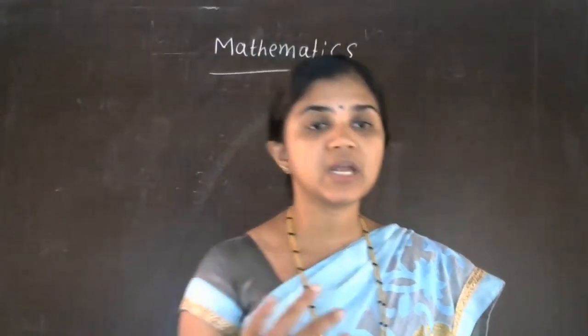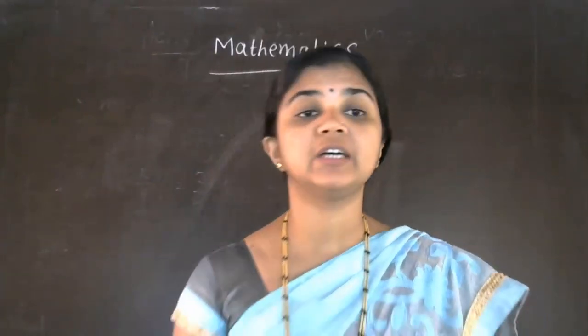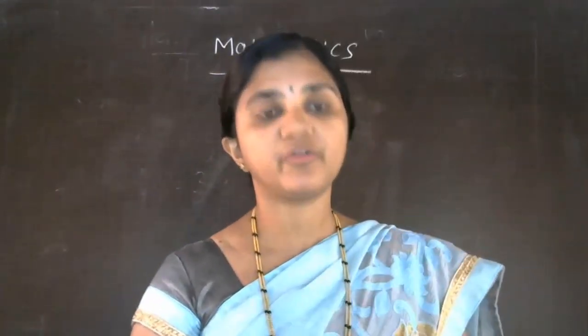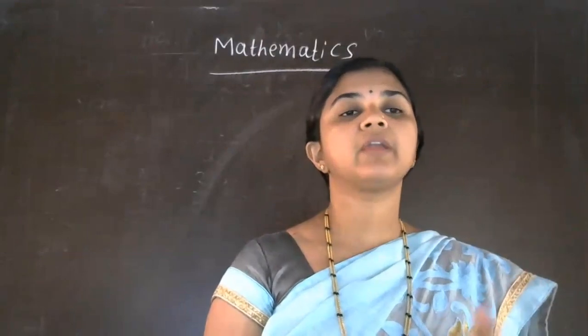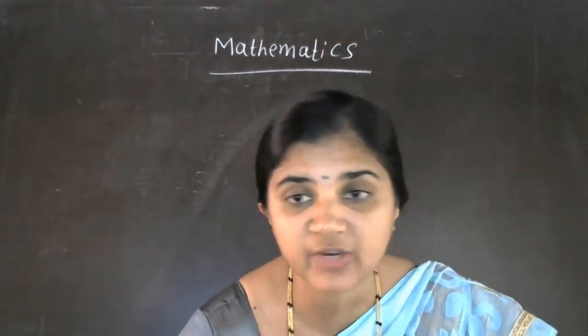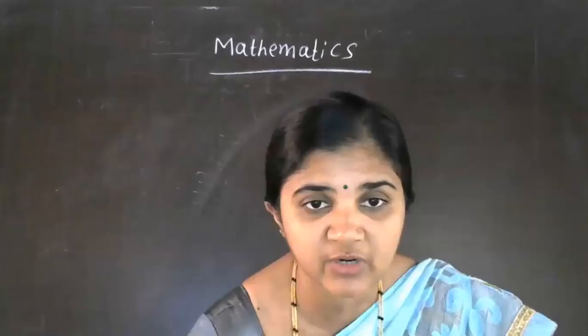Now yesterday you got one new definition for similar figures. If two polygons have the same number of sides, how can we say that the two figures are similar? I need the definition for that. Who is ready to give it?